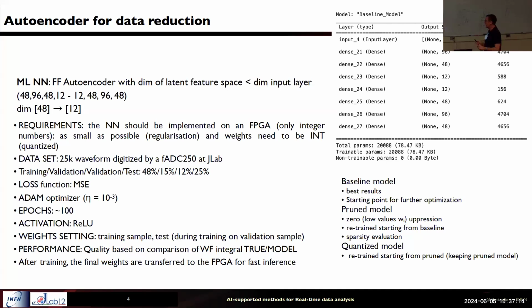So we want to do that. We need a network that works with integers; we start with real numbers, but at the end we want to get to integers. And we also want, as much as possible, a small, compact network.